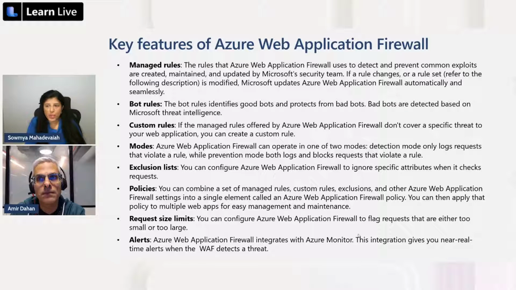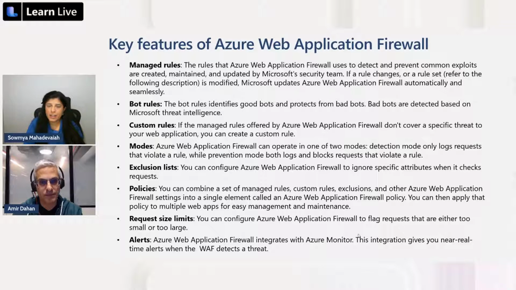Yeah, that's a very good question, Amir. So, you know that exploits are changing, they're evolving every day. So the Azure WAF team, along with the Microsoft Threat Intelligence team, create new rules. And these rules constitute a part of a rule set change, and they're automatically updated. In the regular rule set updates, the customers just need to assign that rule. And depending on their needs, they may need to set the correct actions for that particular rule.